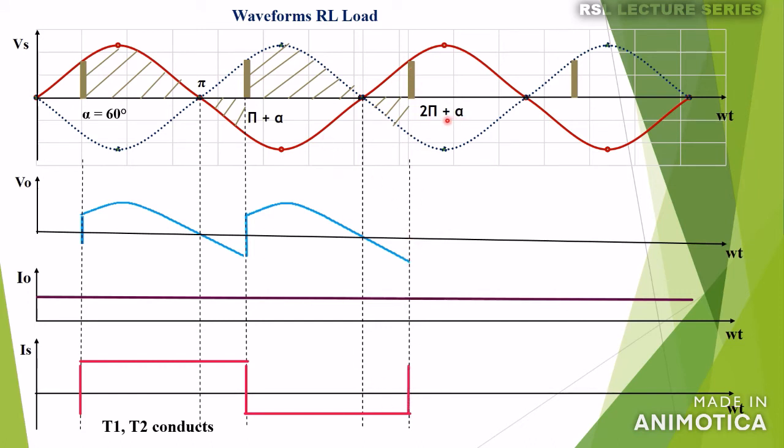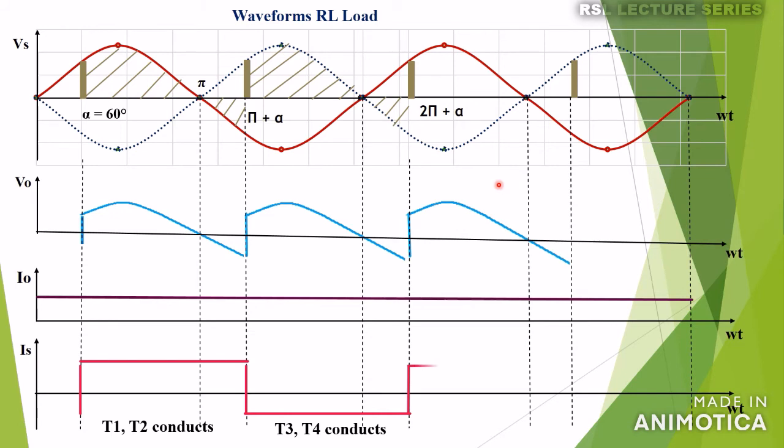Again at 2 pi plus alpha, thyristors T1 and T2 start conducting, and this cycle gets repeated. Here again, in RL load, we are getting 2 pulses. For a single input AC voltage waveform cycle, we obtain 2 pulses at the output. Hence it is also called a 2 pulse converter.